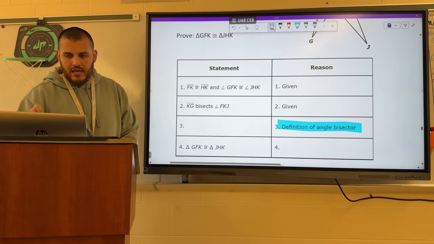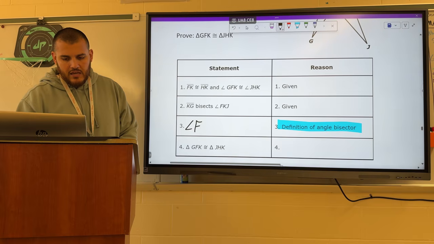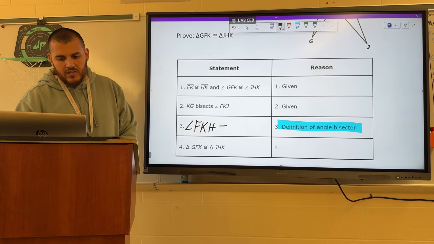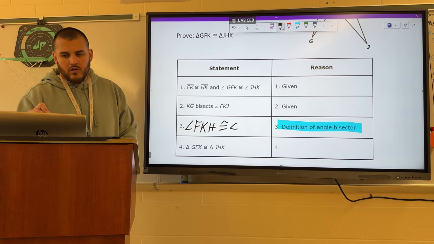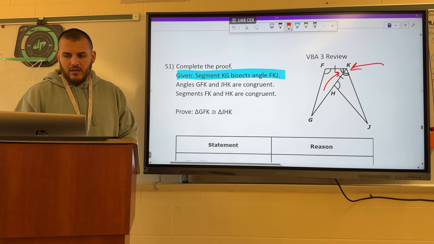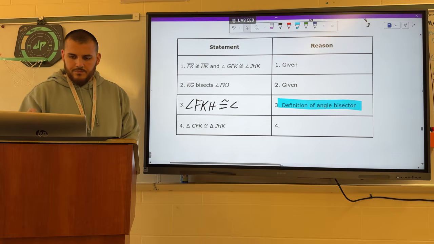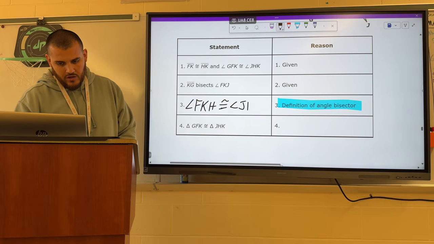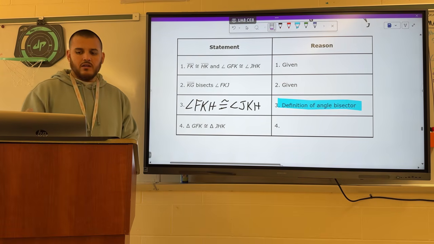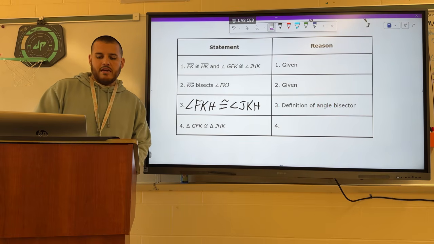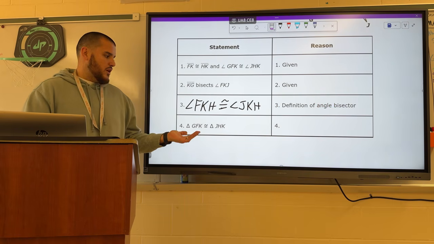So we can say angle FKH is congruent to angle, and then we have the angle on the other side, this one, which we can call JKH. Angle JKH. These are congruent because a bisector cuts angles in half. And then lastly, we're saying the triangles are congruent.